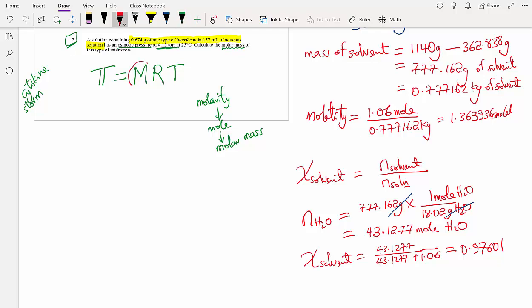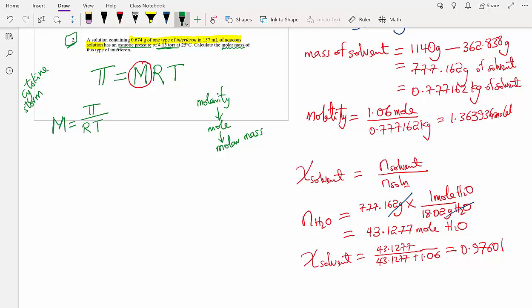Let us isolate the molarity from this expression. Molarity will be equal to the osmotic pressure divided by the molar gas constant and the temperature also in the denominator. Let us plug in the values.